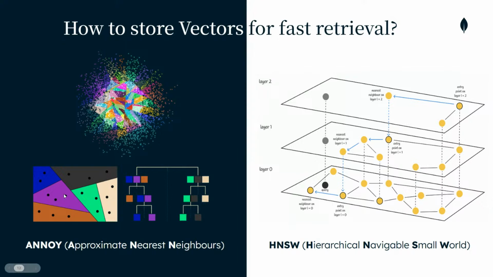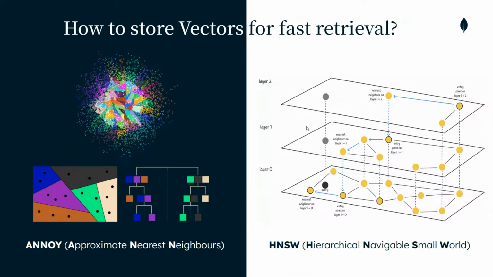Then each of the subsets you would divide again by half, and then again by half, until you have a meaningful small data set. And then when you have an input vector, you would see in which lowest subspace it fits, and then you would search nearest neighbors there. Right, so that turns out to be much faster and computationally much less expensive.